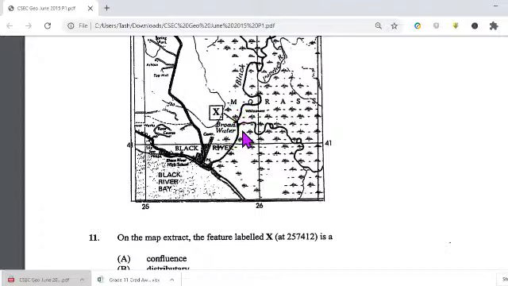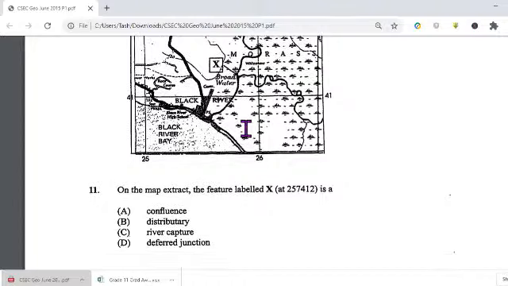That's exactly what it is showing us, right? So X is here, but there is an arrow pointing to this specific area where we have our smaller river joining our main river. When you have a small river that's joining your main river, that specific section is called your confluence. So for number 11, your answer is going to be letter A.